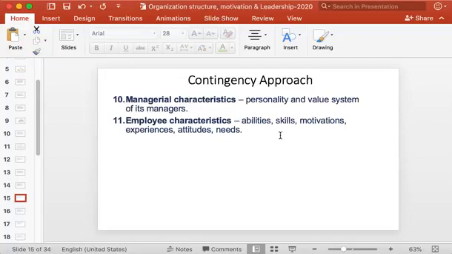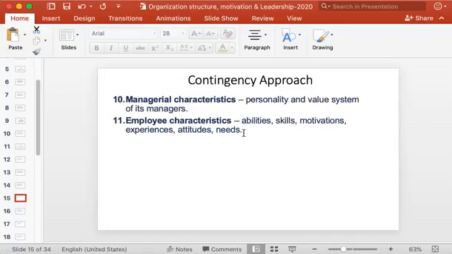As some employees are recruited and some other employees leave the organization, then the overall employee characteristics would change, and in that case some of the units of the organization or some part of the organization may need to be reorganized.